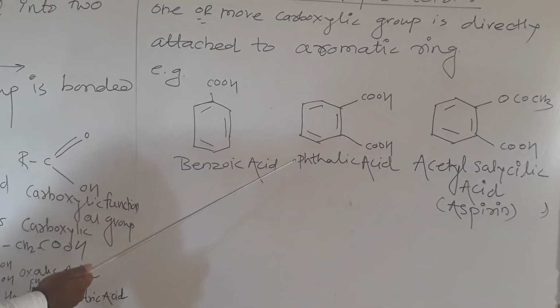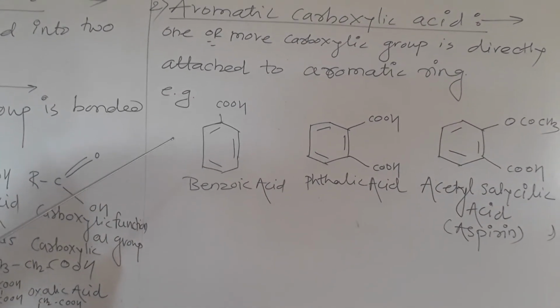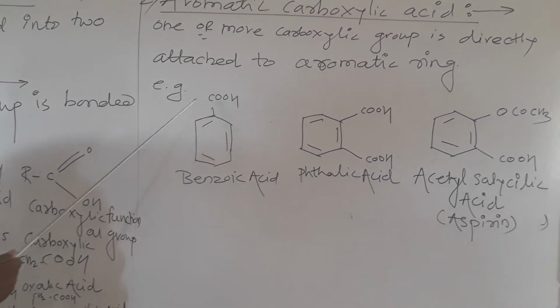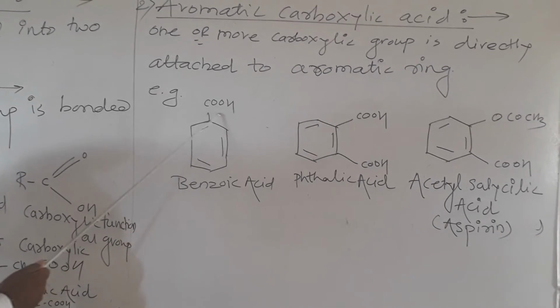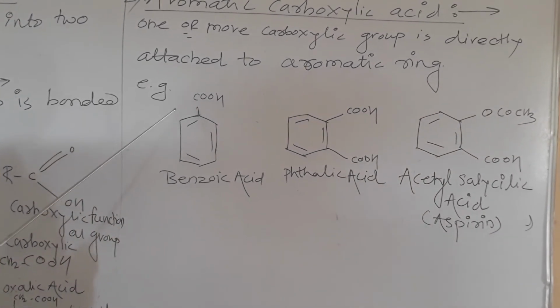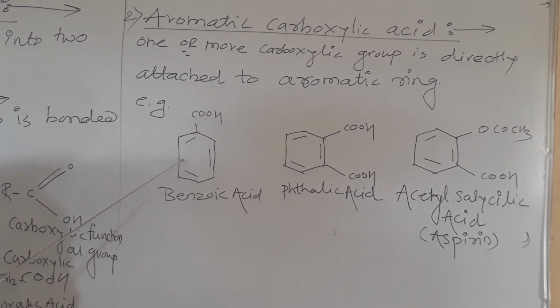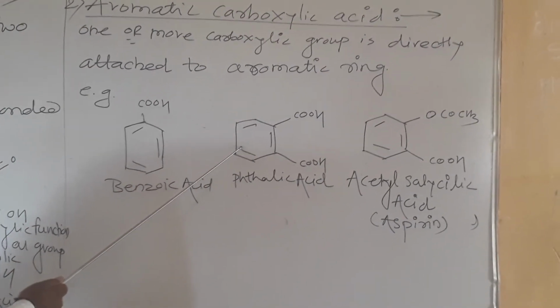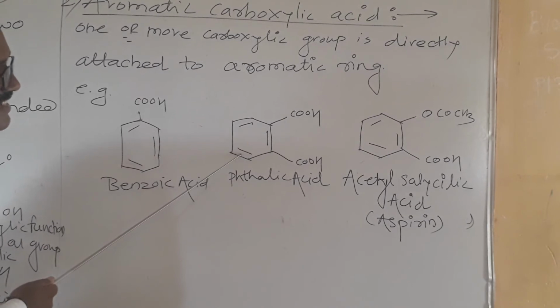An example of this type of carboxylic acid is benzoic acid. There is only one carboxylic group present on the aromatic ring.